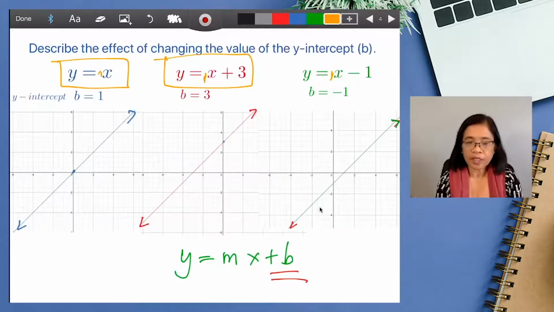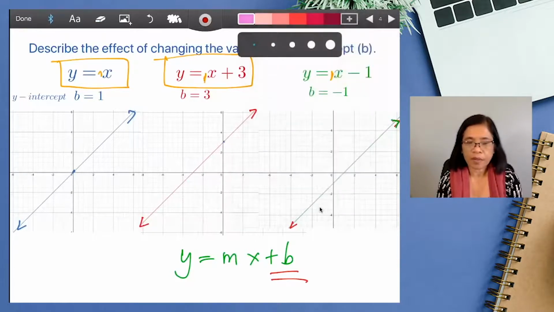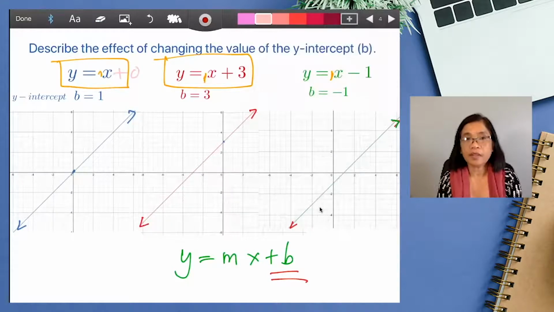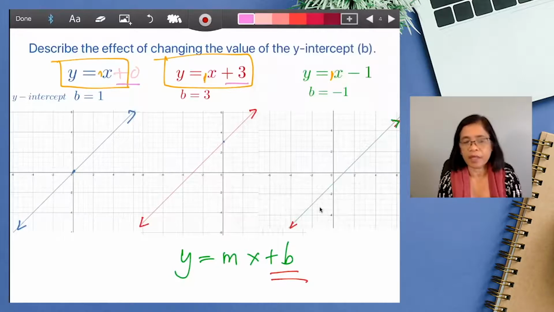However, we are changing the value of b, or the y-intercept. I have here plus 0, it's understood to be plus 0, and plus 0 here, plus 3, and minus 1. So we change this value of b, or the y-intercept, from our parent function y is equal to x.